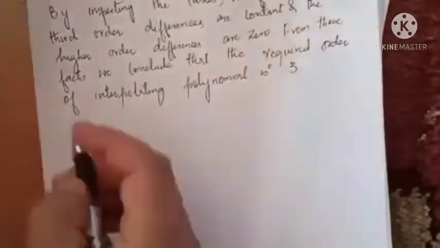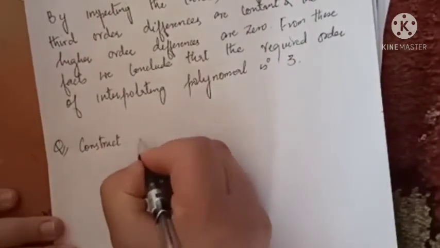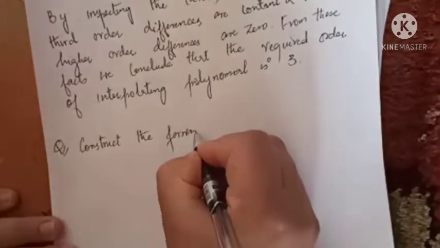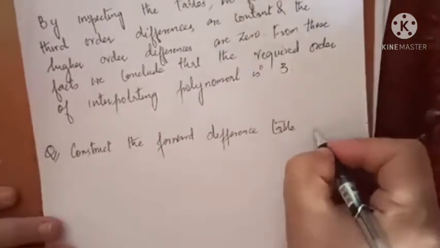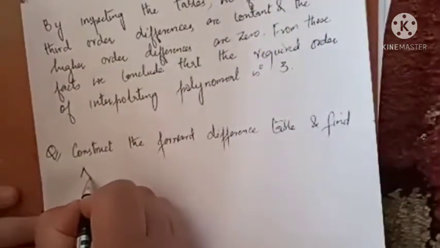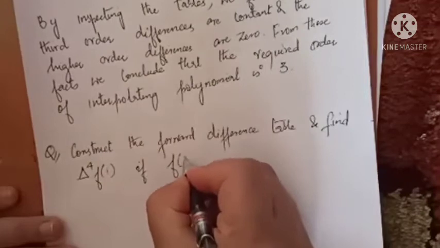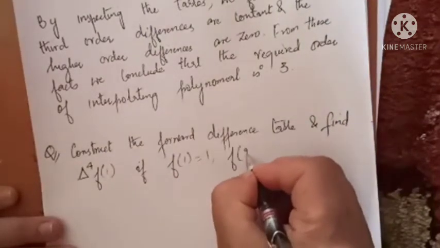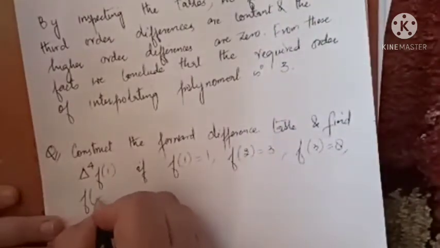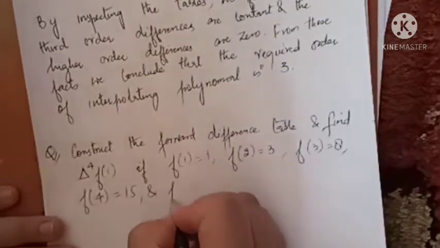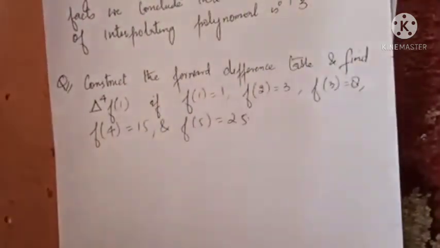So if you will get a question like this, construct the forward difference table and find delta 4 f of 1 if f of 1 is equal to 1, f of 2 is equal to 3, f of 3 is equal to 8, f of 4 is equal to 15, and f of 5 is equal to 25. Okay. So how can we solve this question?